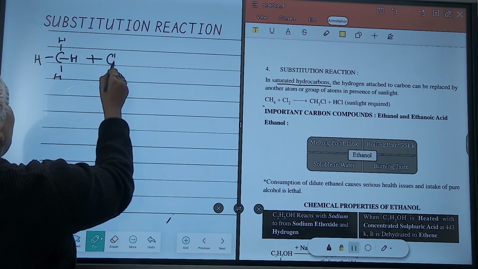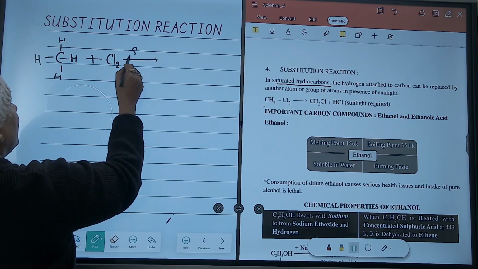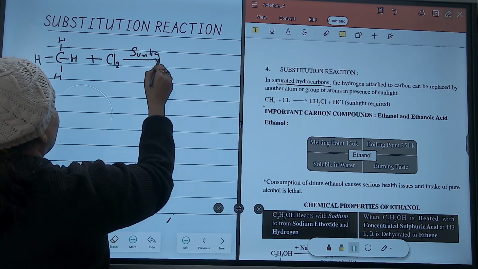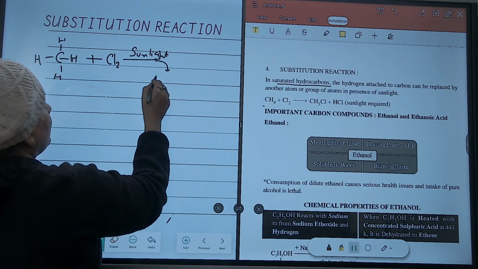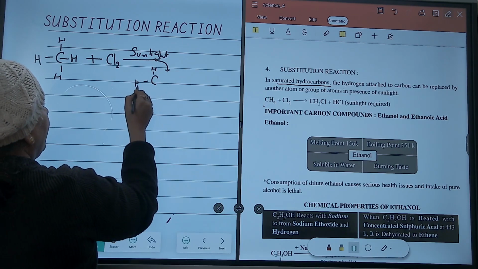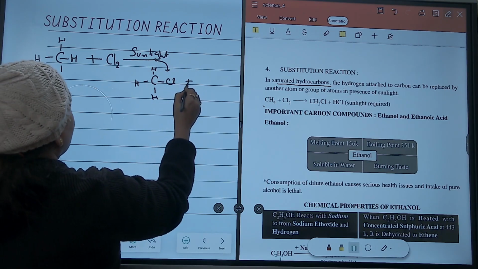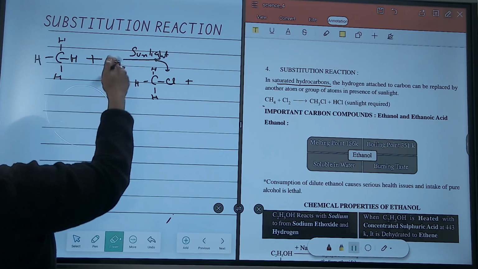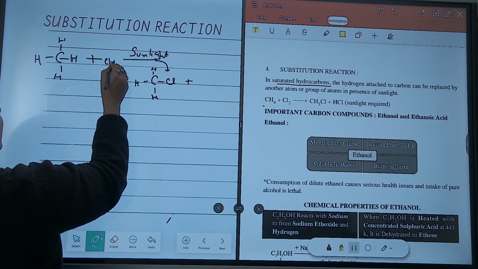Take CH4, where again for simplicity I am writing hydrogen in this manner. In the presence of chlorine, the reaction takes place in the presence of sunlight. So what happened? One of the hydrogen atoms will be replaced by chlorine, and I can also write chlorine as Cl dash Cl.